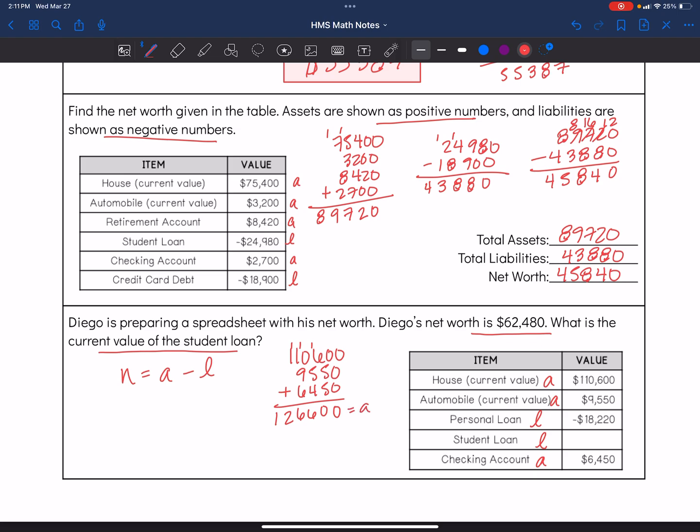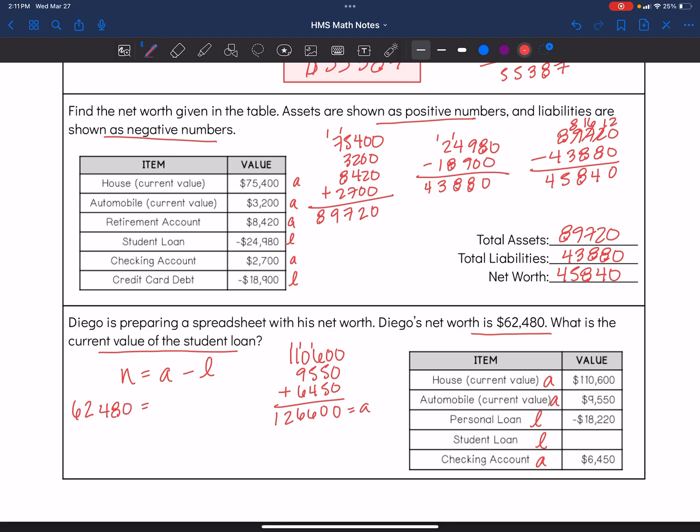That equals A. And then my liability, I only have one that I know of, and I know my net worth. So, since I know that one liability, let's just put it all in the formula just so we can make this make sense. My net worth equals 62,480.